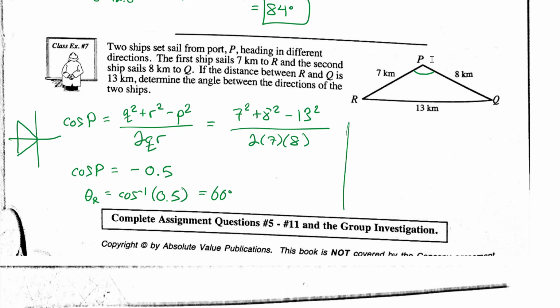So that means that theta, well actually I shouldn't call it theta, I should call it angle P. So that means that angle P is either, well, if I'm in quadrant 2, that's going to be 180 minus 60. So it's either 120 degrees or angle P is going to be 180 plus 60. So that would be 240 degrees.